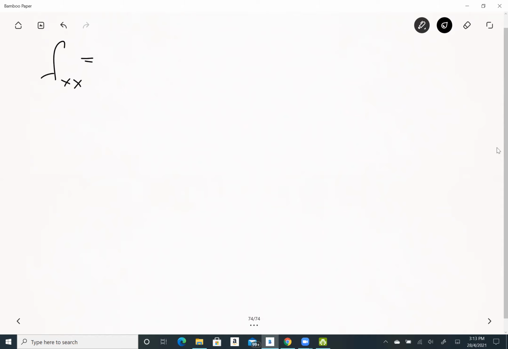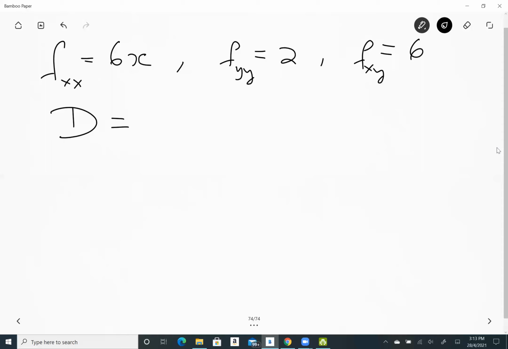Take derivative of fx with respect to x, I get 6x. Take derivative of fy with respect to y, fyy, we get 2. And then take the cross partial fxy, we got 6. And then put into the D. D is equal to fxx fyy minus fxy squared.